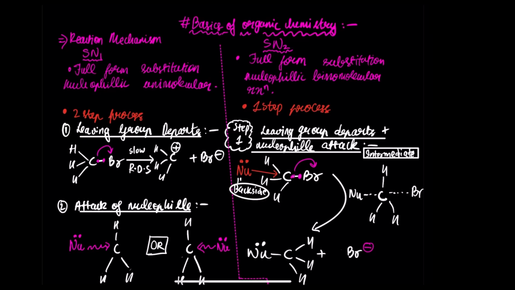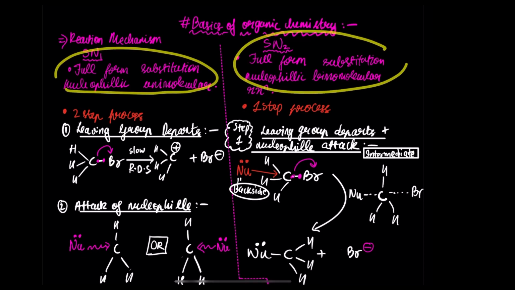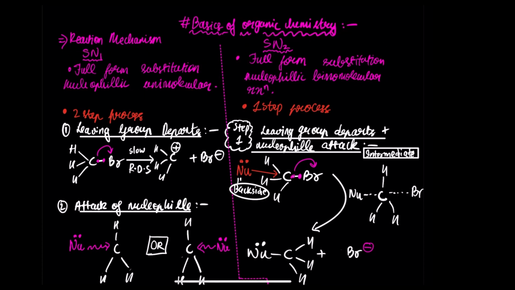There are two reaction mechanisms. First is the SN1 and second is the SN2. SN1 means substitution nucleophilic unimolecular, and SN2 means substitution nucleophilic bimolecular. These are the full forms of SN1 and SN2. If we have understood this part, we have understood many of the things which will come ahead.